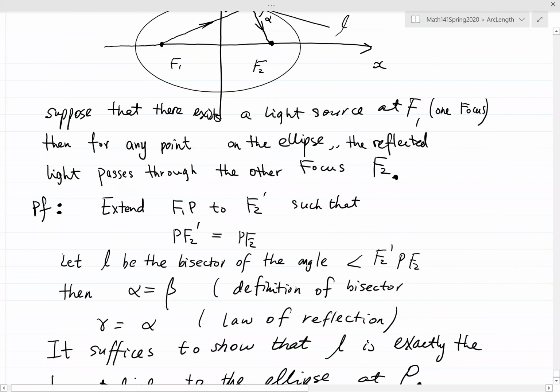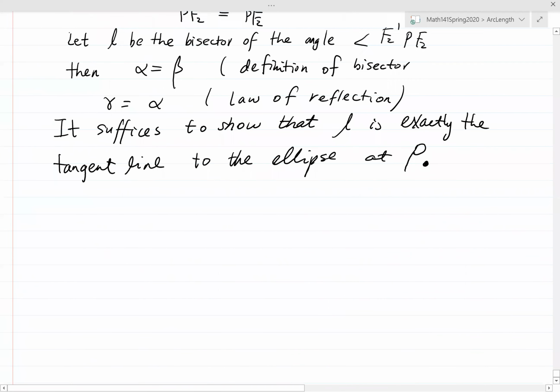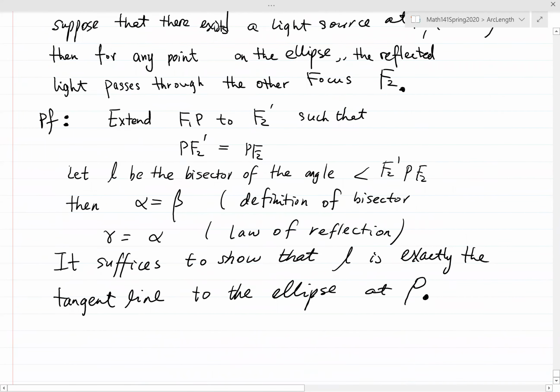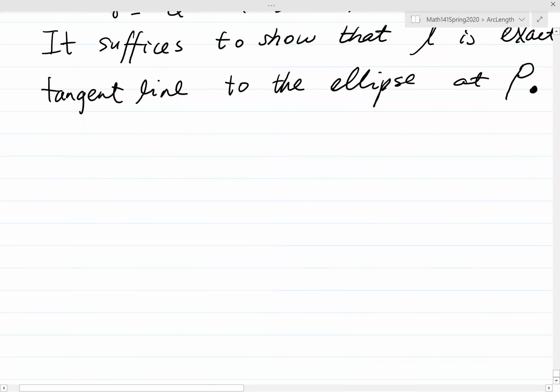Now we use contradiction. Suppose we have another point Q. Let me plot another picture again, so that you can see. Let me plot another ellipse.